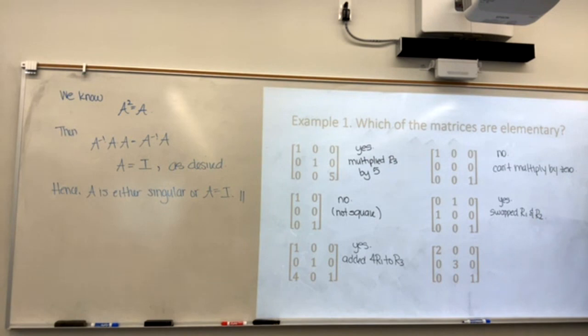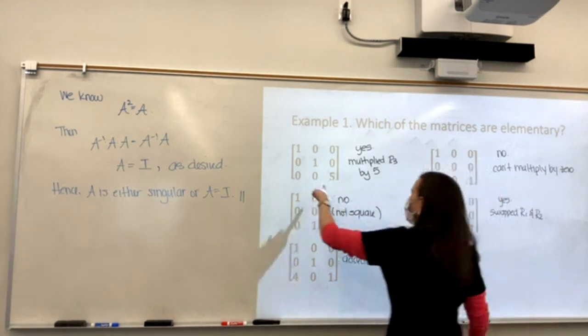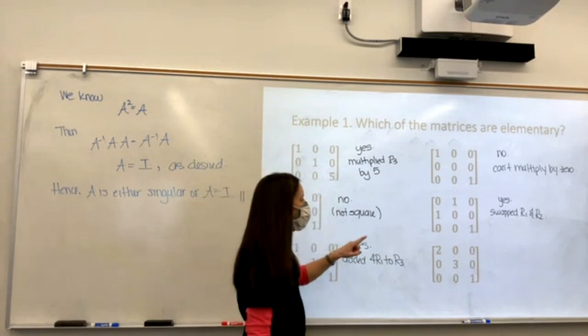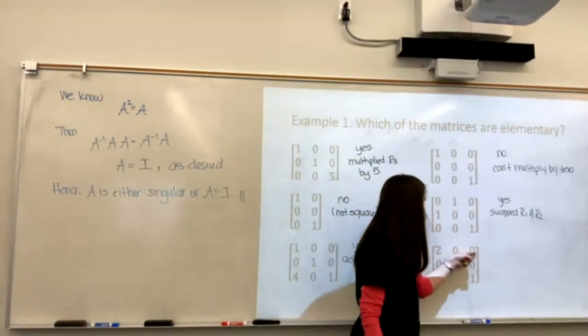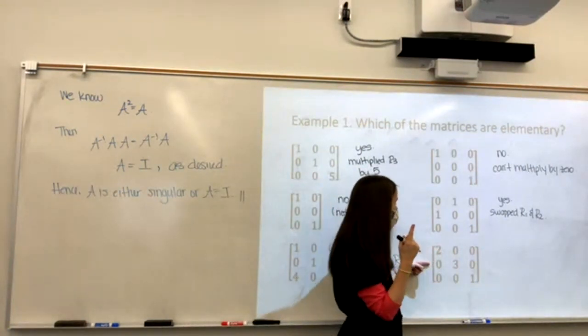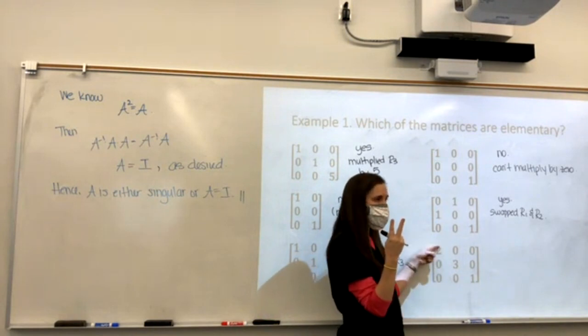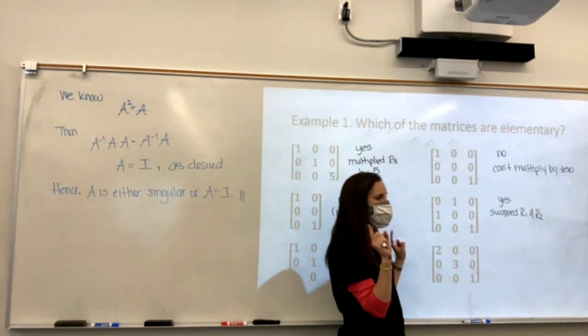Okay. Last but not least, is this an elementary matrix? This was a little bit tricky. The answer is no. The previous one was, right? I multiplied row 3 by 5. Here, I would like to multiply row 1 by 2 and multiply row 2 by 3. It takes 2 operations to get to this, and that's not allowed. That's too many.